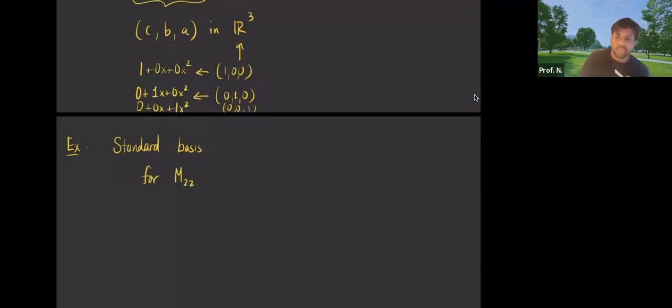M22? First of all, what do you think the dimension of M22 is? That's right. It's 4. So this idea of dimension, remember, we normally consider dimensions to be the number of components.